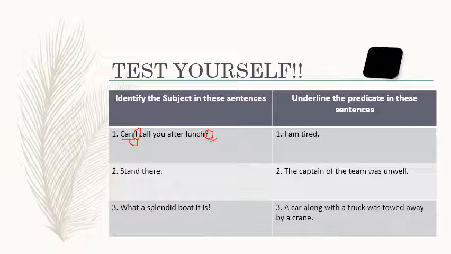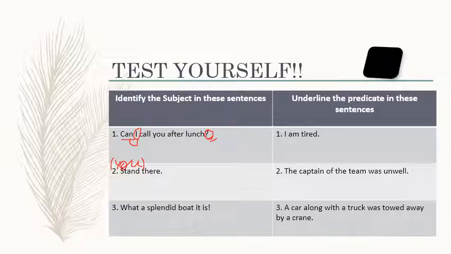And we have just studied that in an imperative sentence the subject is you, which is not spoken or written. So we have you as the subject in this sentence.